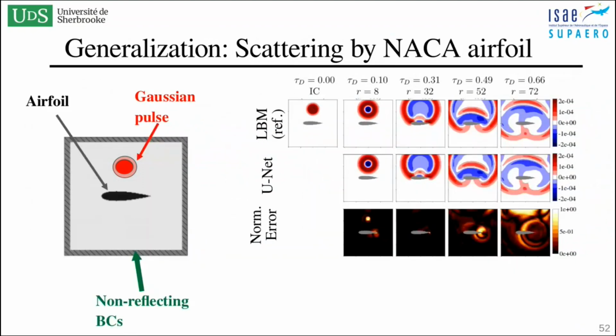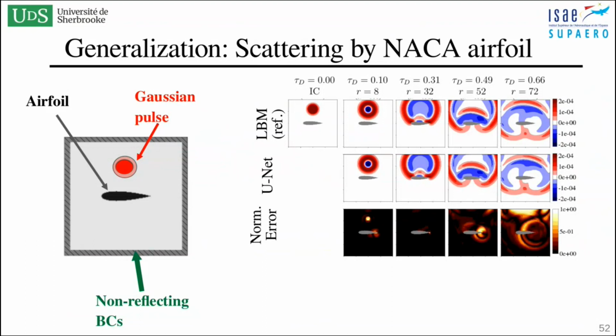Then a second case, which is for the first time testing the generalization, we use an airfoil. So this is a NACA airfoil where we set the acoustic source on top of it. And this was not present in the training database. And we see again, comparing both solutions, that we have a very good agreement.